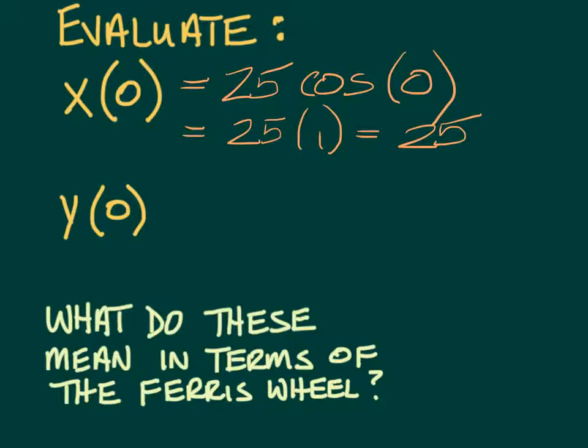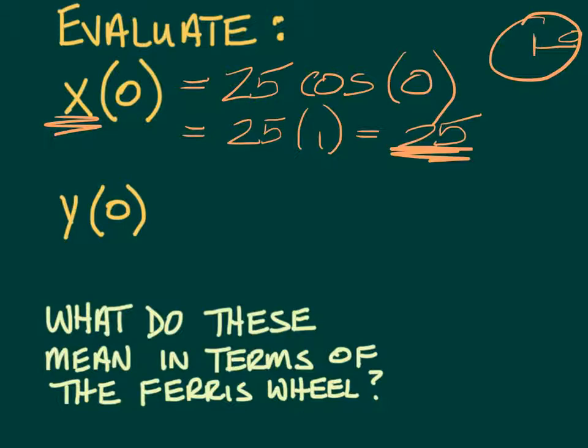We've made no movement at all. Here's your Ferris wheel here. And if we've made no movement, we're still at 0 at the 3 o'clock position. And remember, this is the co-height function because it's x. So we come back with a 25. That means the co-height is 25 at that position.